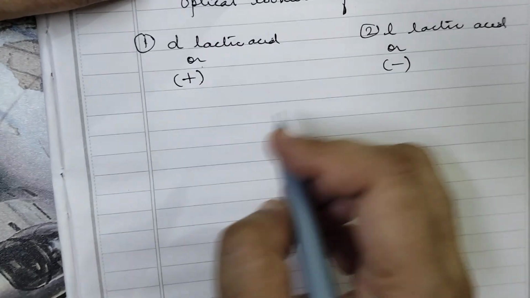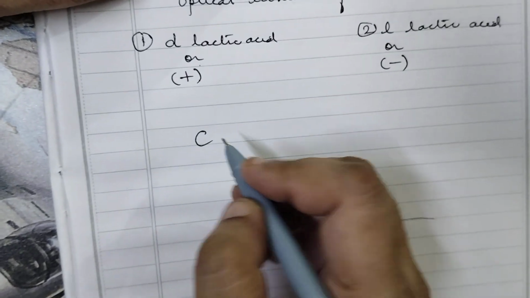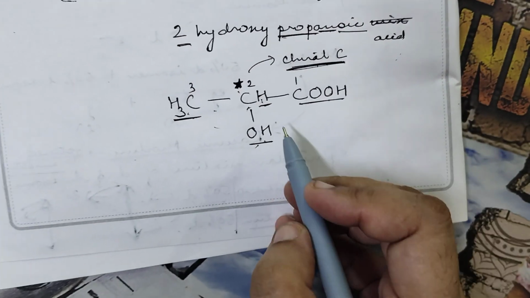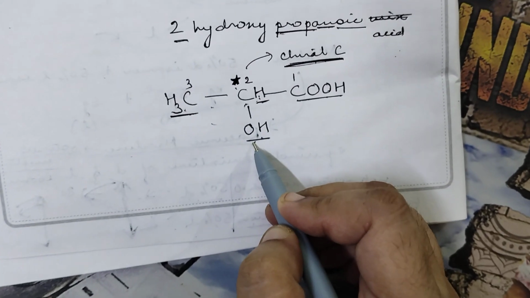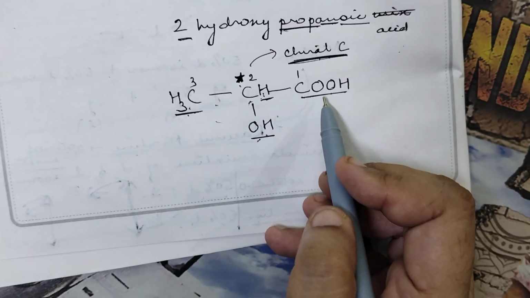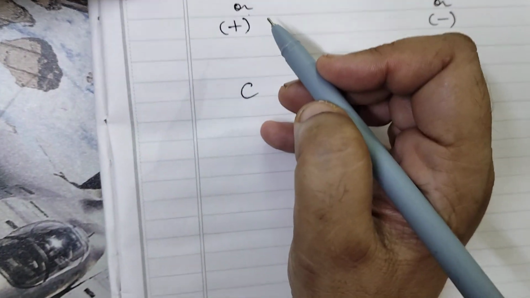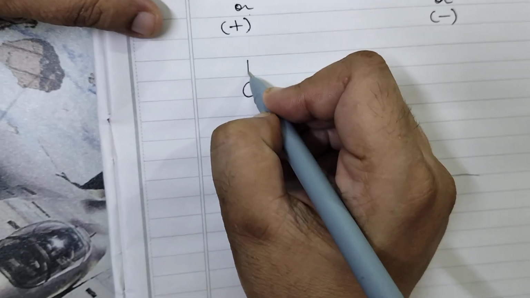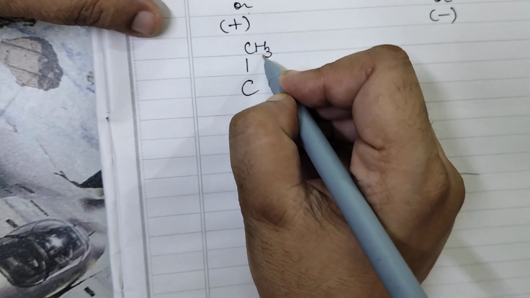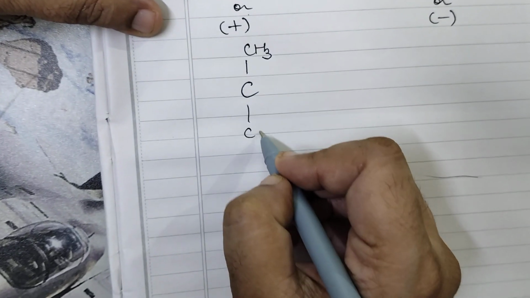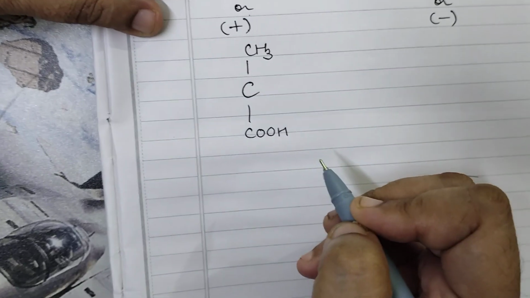Let us understand. Carbon is chiral carbon which is connected to four different groups. One is hydrogen, one is hydroxyl, one is methyl and one is COOH. So what you have to do is to draw dextrorotatory. At the top you will draw CH3, at the bottom you will draw COOH.